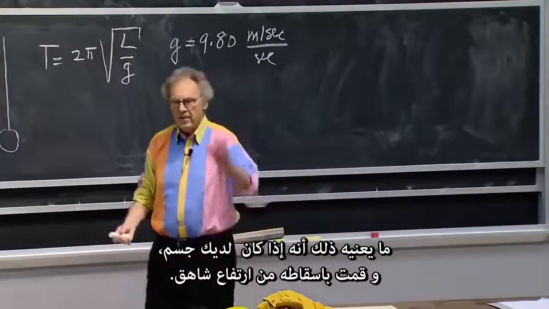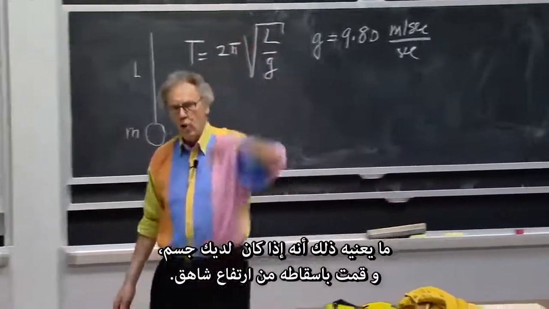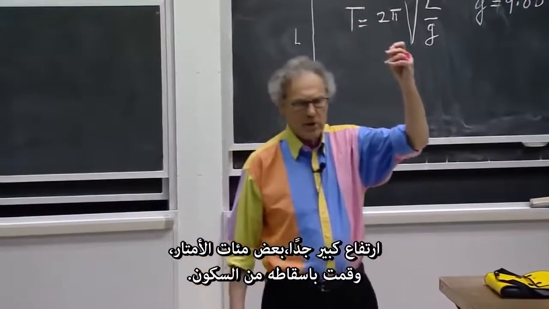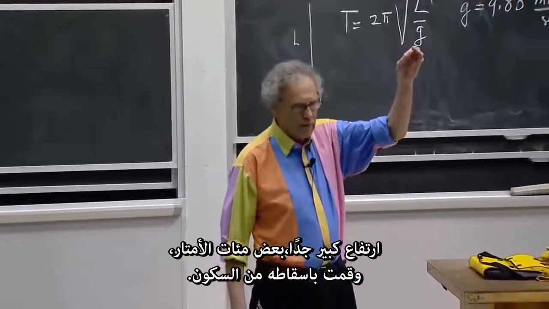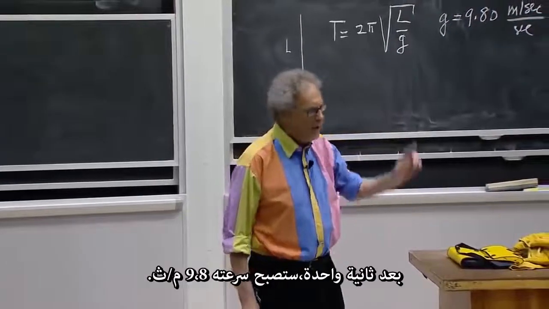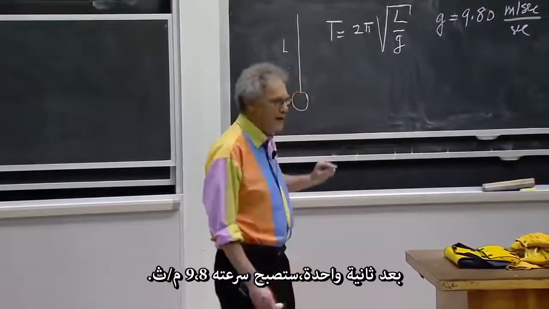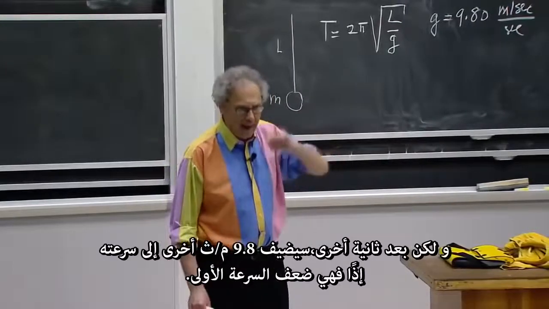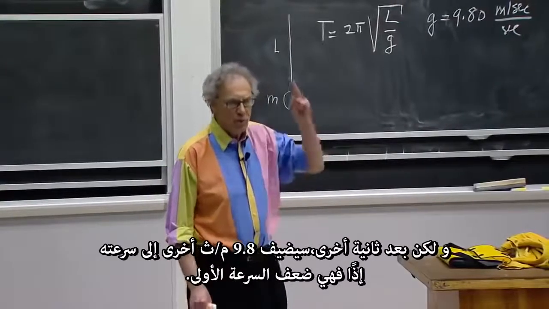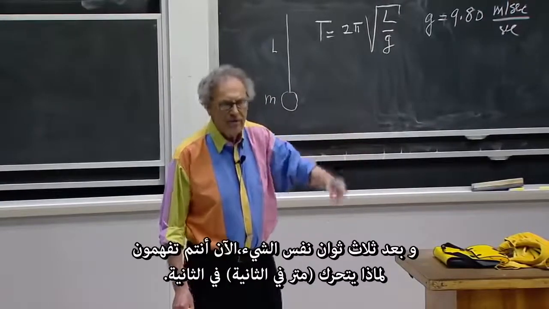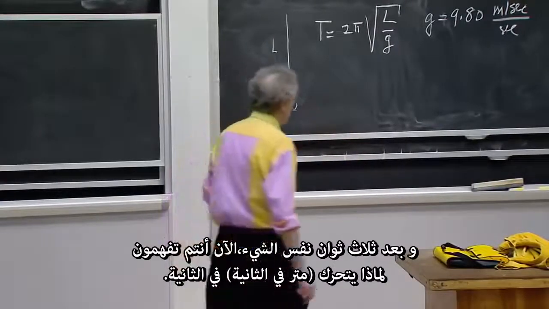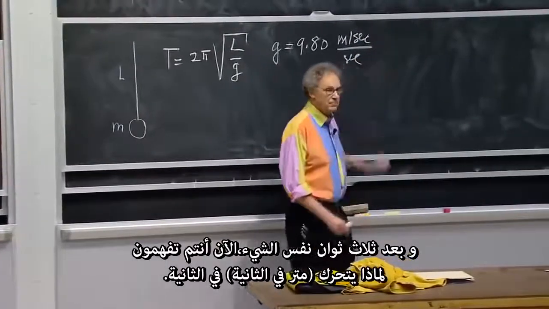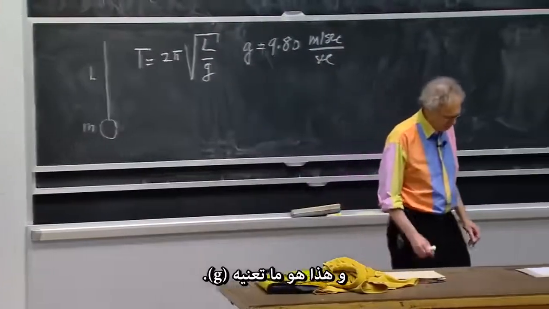What that means is that if you have an object and you drop it from a very large altitude, a few hundred meters high, with 0 speed, after 1 second, it will have a speed of 9.8 meters per second. But after another second, it will add to that 9.8 meters per second, so it's twice that. And after 3 seconds, it's 3 times that. So now you understand why it is meters per second per second. And so that's the meaning of G.